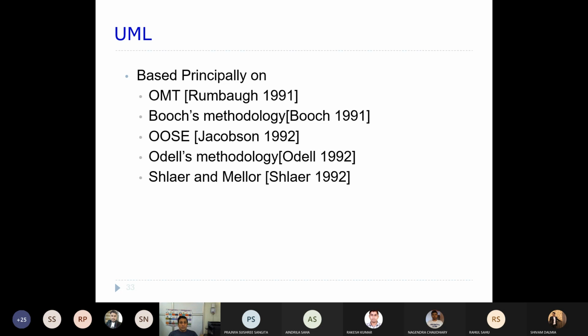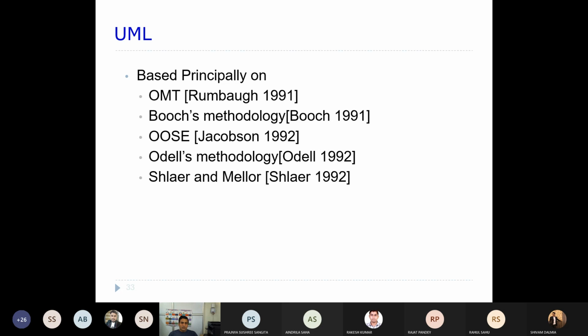Another is Booch's methodology, by Grady Booch, also in 1991. There is another book, Object-Oriented Software Engineering, by Jacobson, in 1992. And Odell's methodology, in 1992. Shlaer and Mellor, also in 1992. So they have different methodologies, right?